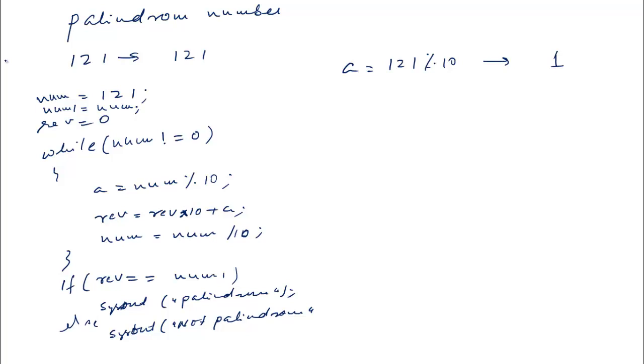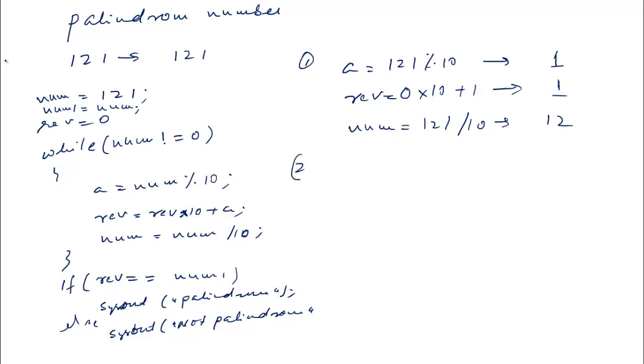Now the reverse: first time reverse is equal to 0, so 0 into 10 plus 1. Now the reverse contains 1, and then num, this 121 divided by 10, becomes 12, because 12.1, that point 1 will be removed. This is the first iteration.